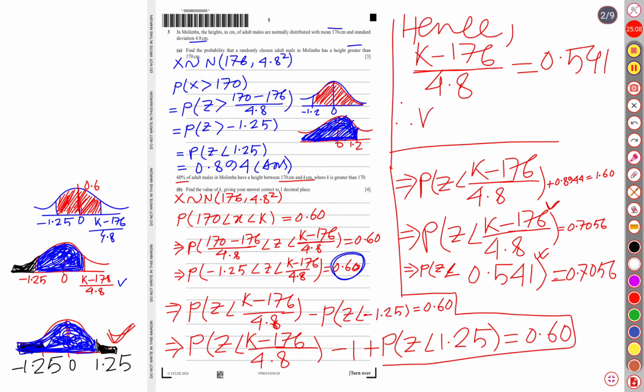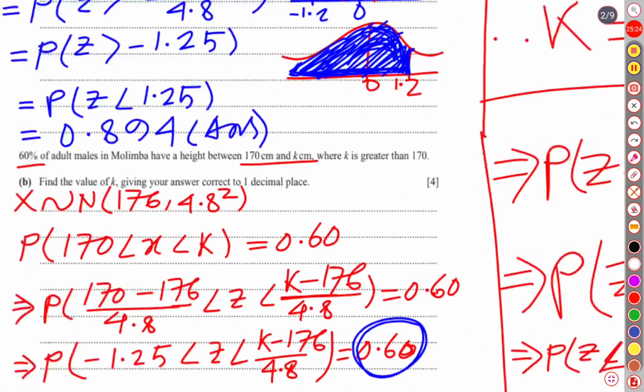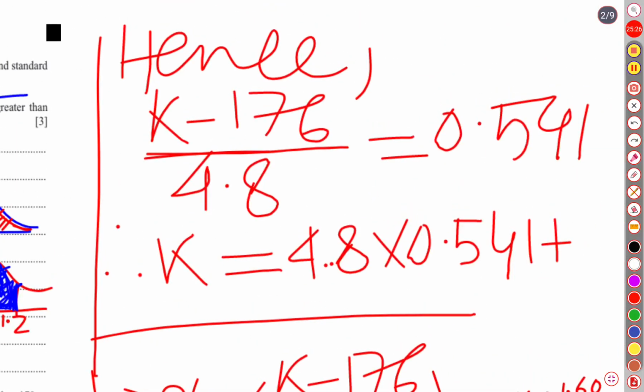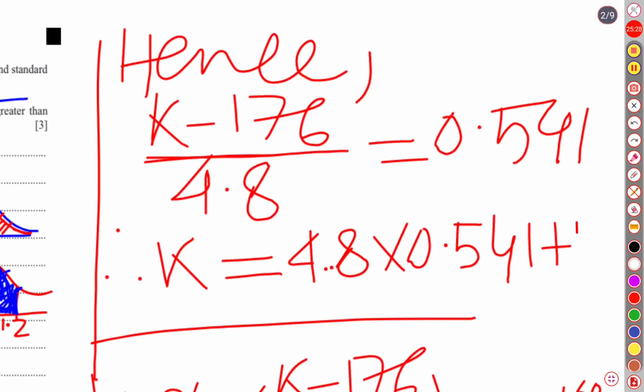We require k to be obtained. Hence, k is equal to, first of all, we have to multiply 4.8 into 0.541 plus, from the left side if we transpose 176, it is going to be plus, 176.